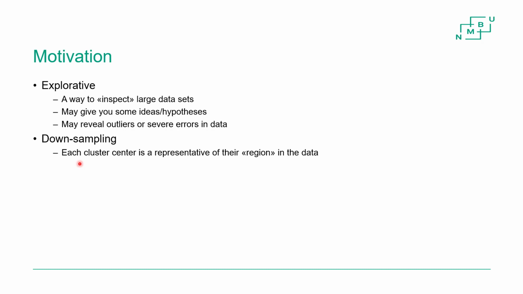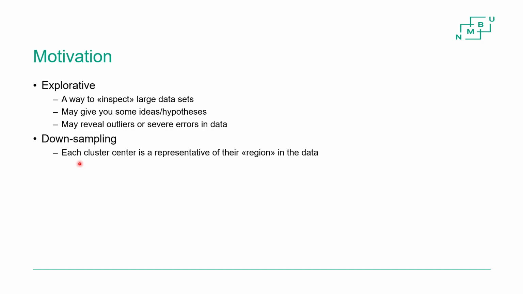In some sense, similar to what we did with PCA, where we replaced a huge number of variables with only a few principal component variables. In this case, we talk about the rows instead, the data cases, right? If you have a huge number of data cases, many of them are almost identical, right?